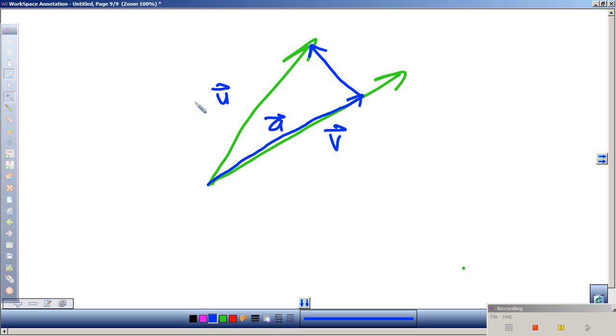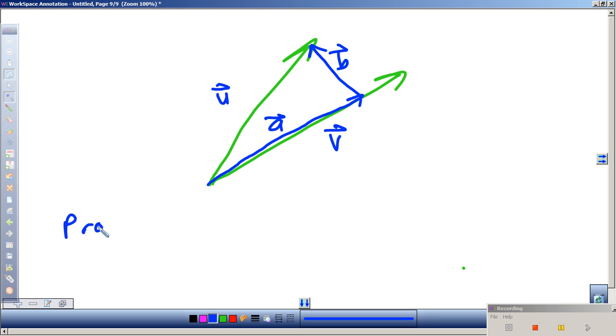Vector u could be the same as vector a plus vector b. And we want to know, how do we get vector a? Because a is going in the same direction as b.